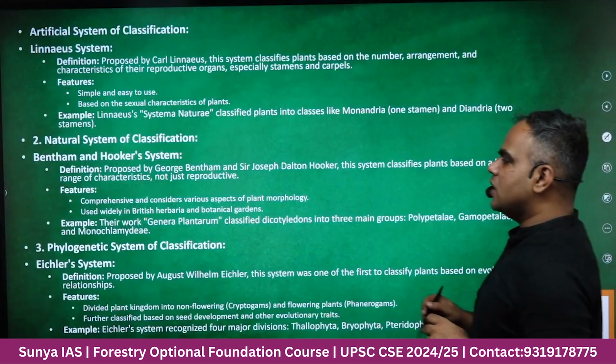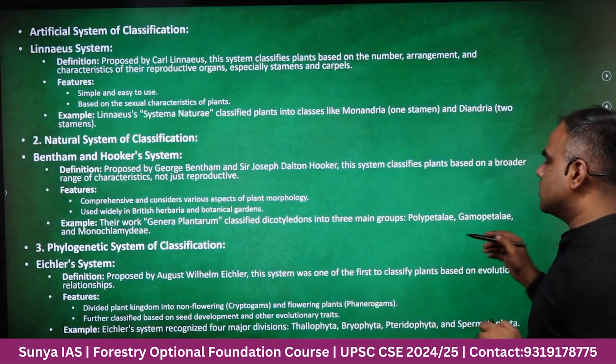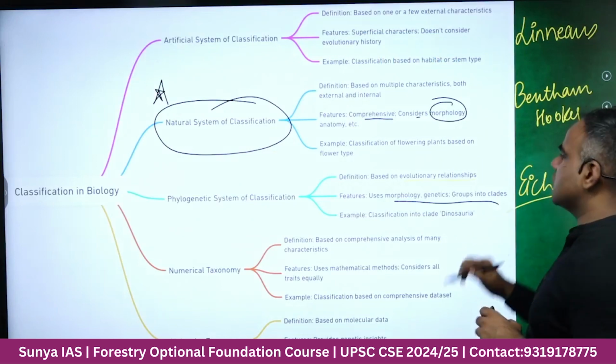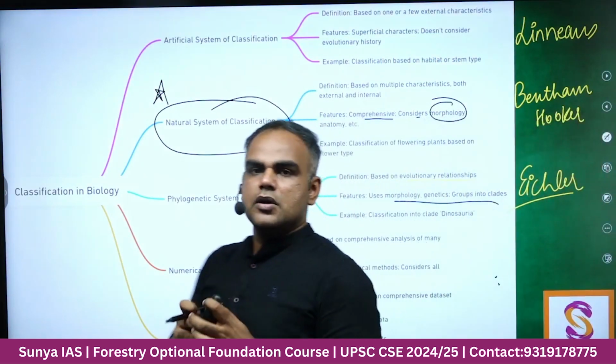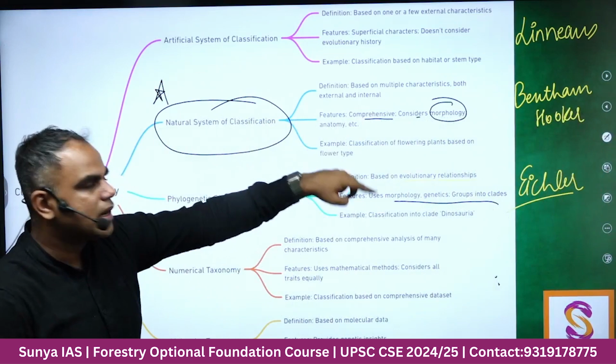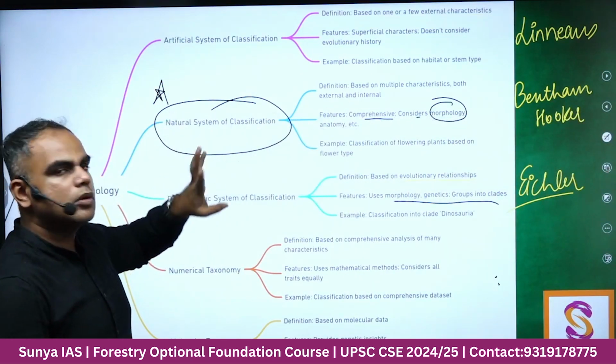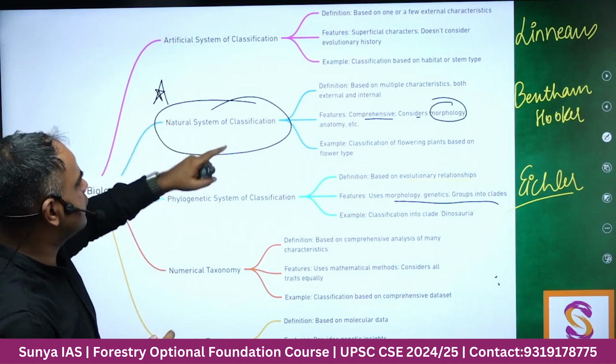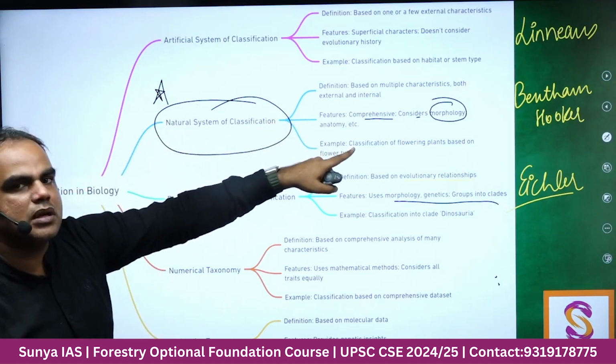And in phylogenetic, we can talk about the Eichler system. Okay, these are the names of the famous botanists who have classified. Either they can ask you this name or they can ask you through the name of these botanists. In both these terms, you should be aware what has basically happened. But out of all of this, the most important will be the natural one through the Bentham and Hooker.